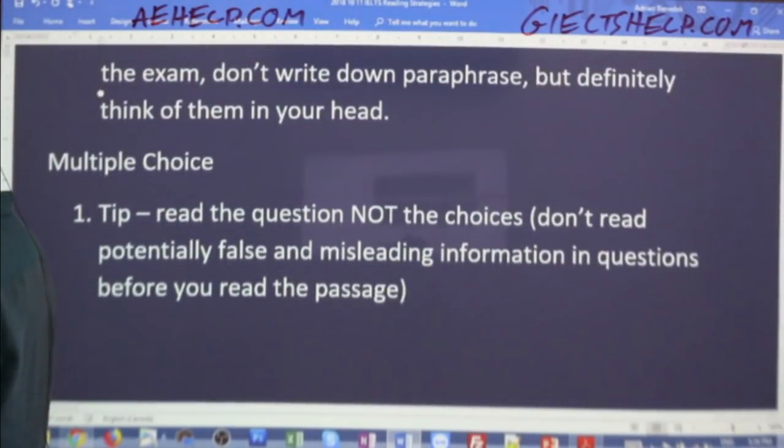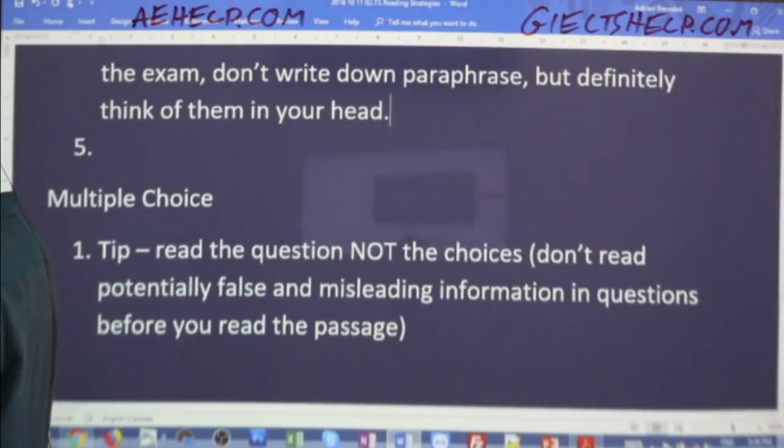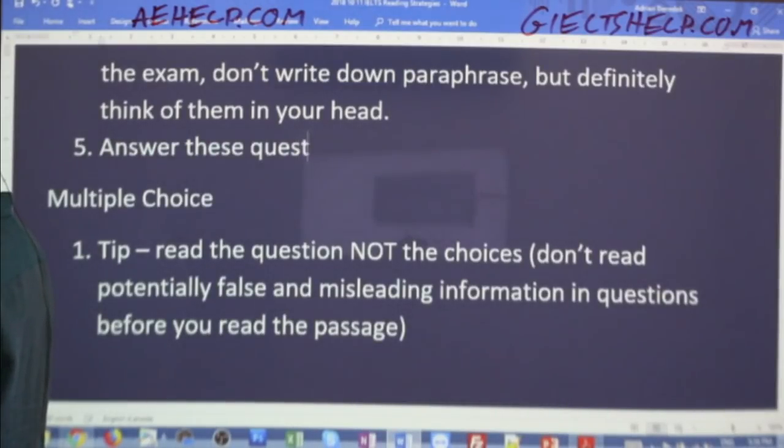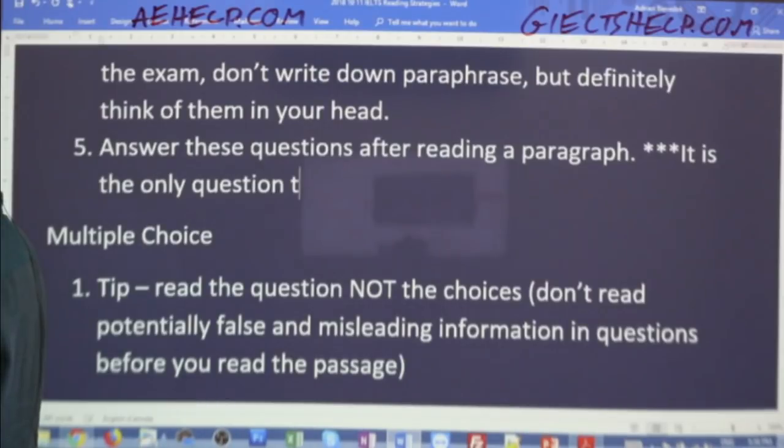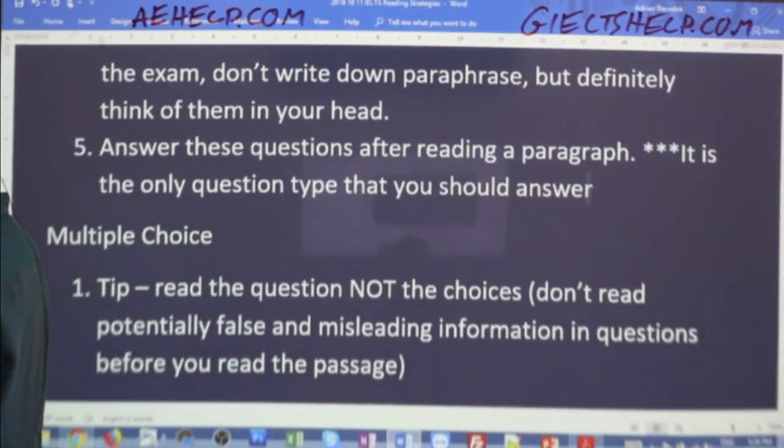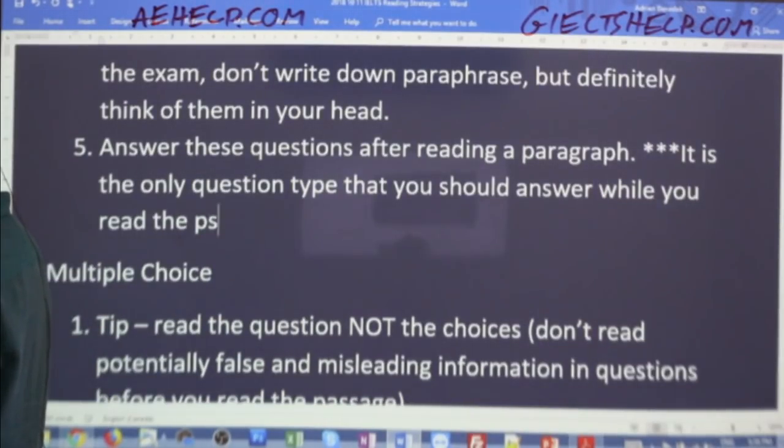Okay, so this is going to be tip number 5. So answer these questions after reading a paragraph. Keep in mind, it is the only question type that you should answer while you read the passage.